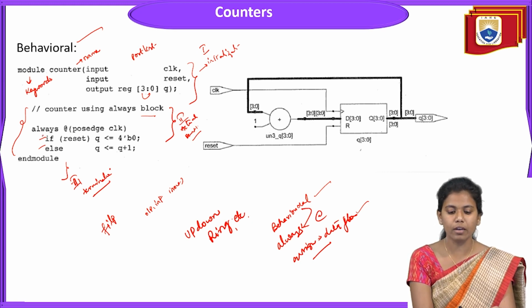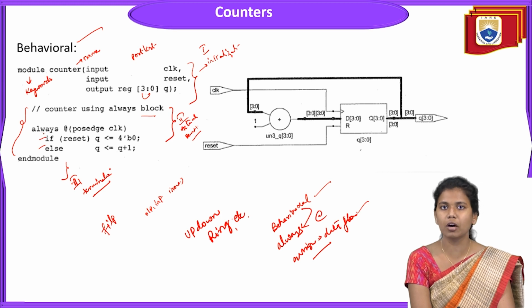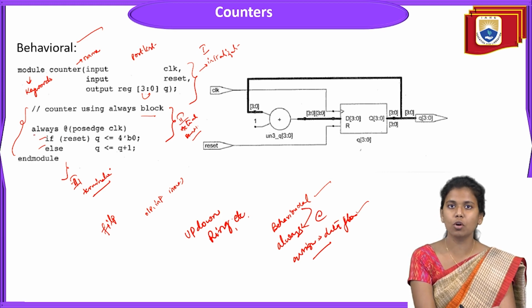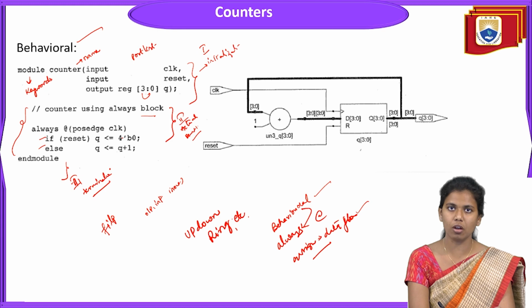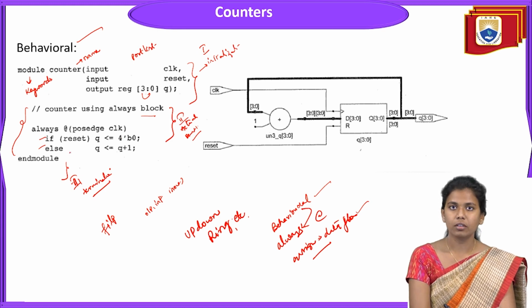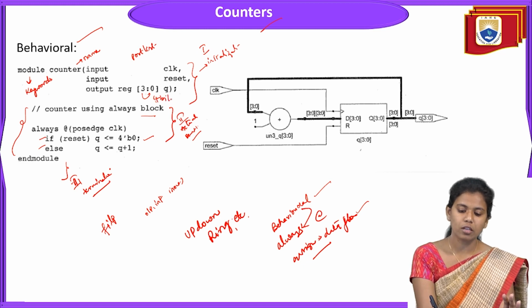Here, as I'm considering the behavioral modeling, I'm using always at the rate positive edge clock. And then if reset, we are discussing the counters, right? So if reset, q <= 4'b0000. As we are discussing the counters, my counter is going to count 4 bits, [3:0], so it is 4 bits, isn't it?